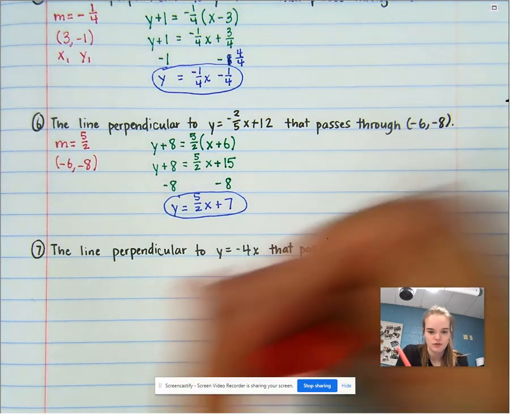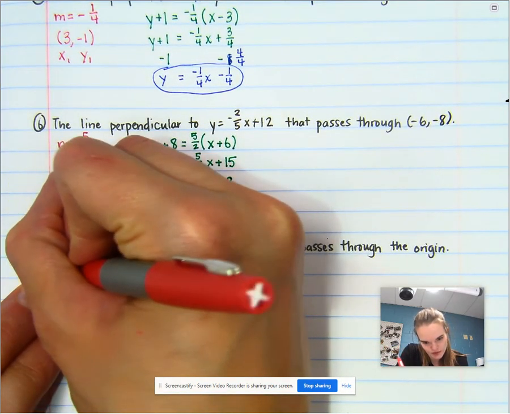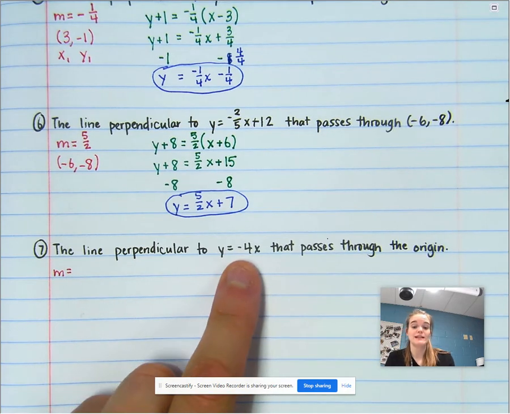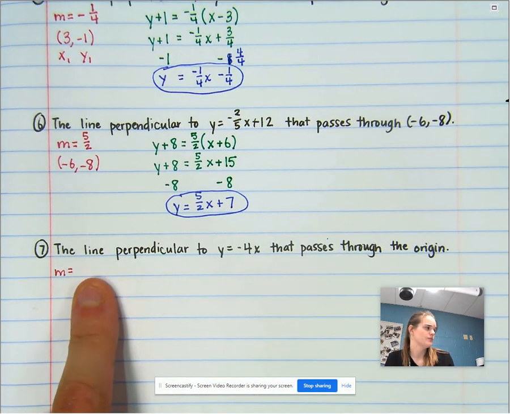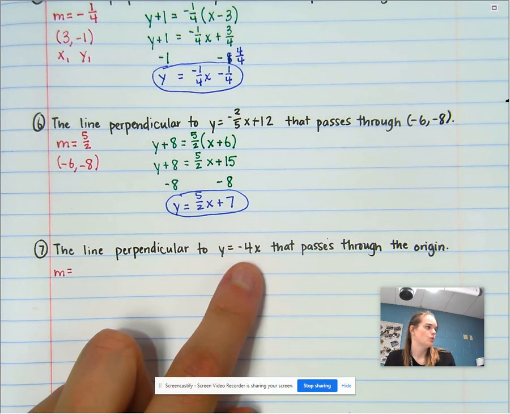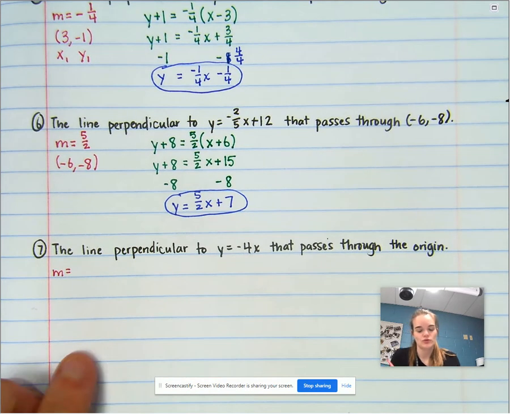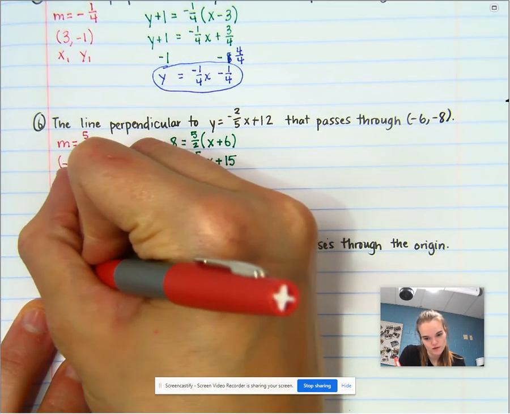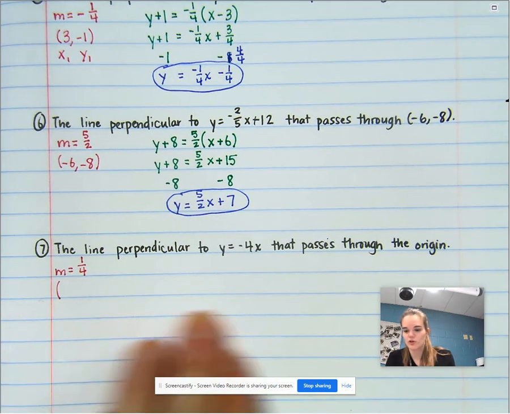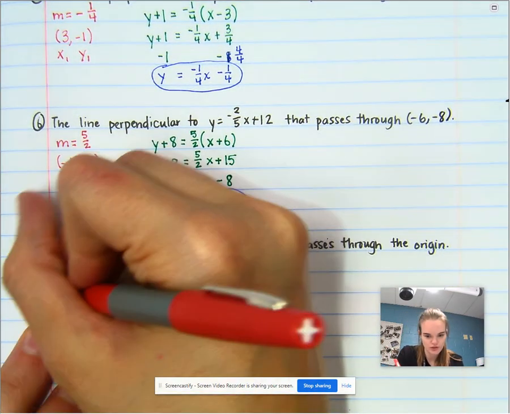Okay, so our slope is the first thing we need to find. This is currently negative, so our slope is going to be positive. 4/1 is what this is the same as, so the reciprocal is 1/4. The point we are looking at is the origin. The origin is 0, 0.